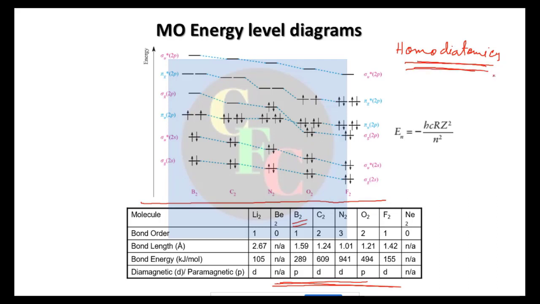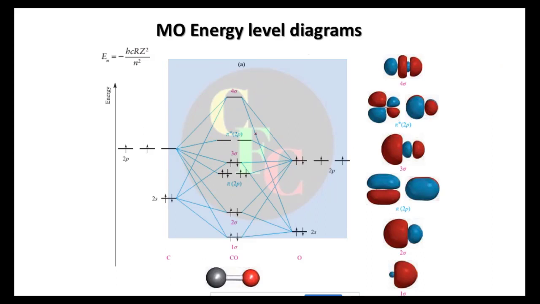We will end our lecture today by discussing an example of a heterodiatomic molecule, and the most common example that you will find in your book is carbon monoxide. For both carbon and oxygen, we are considering the valence orbitals, that is 2s and 2p.